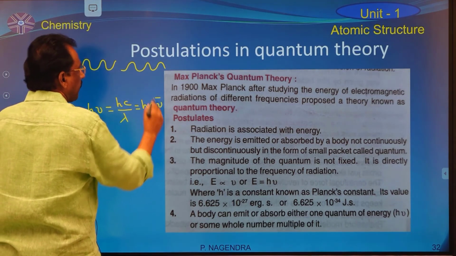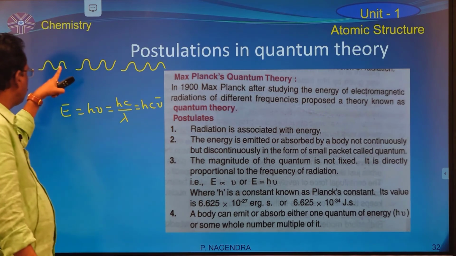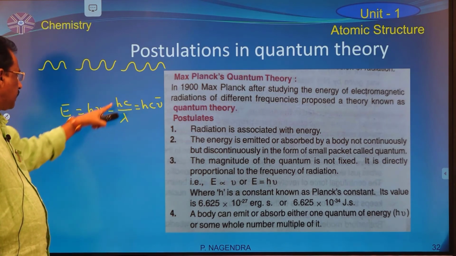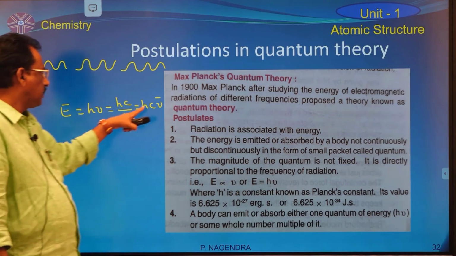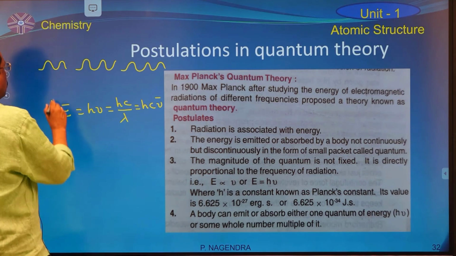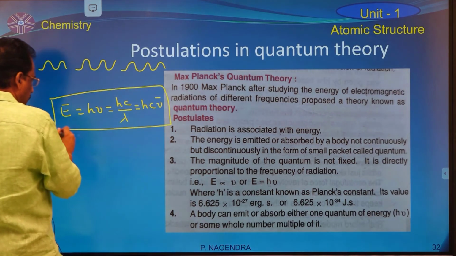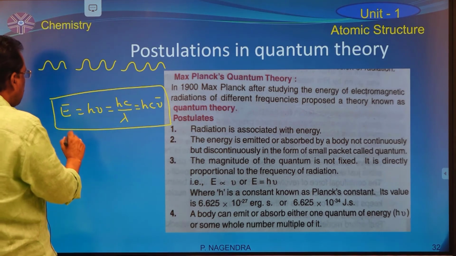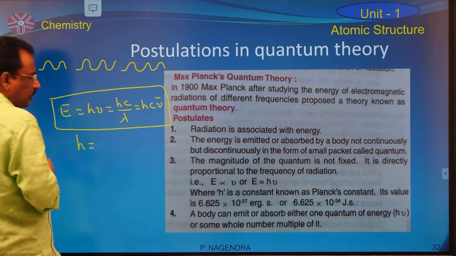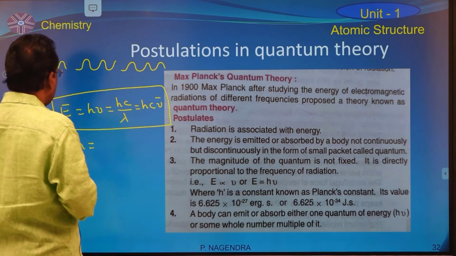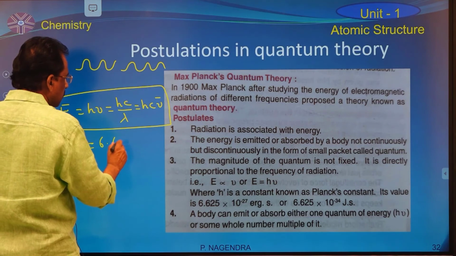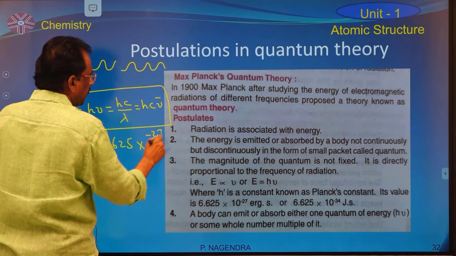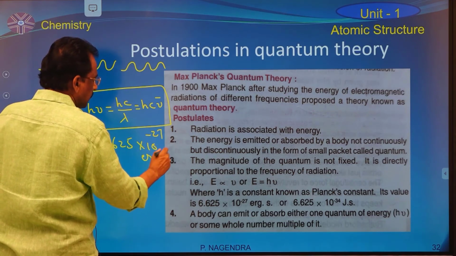So according to Planck's quantum theory, the energy of this packet is equal to h nu or hc by lambda or hc nu bar. This is known as Max Planck's quantum equation. In this equation, h is Planck's constant, another universal constant. Its value in the CGS system is 6.625 into 10 power minus 27 erg second.